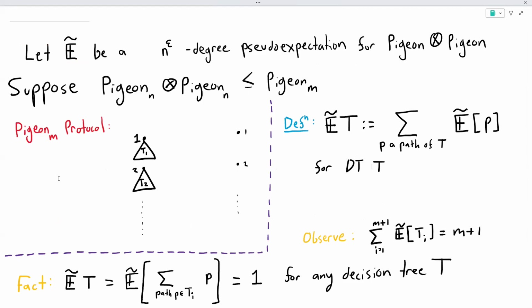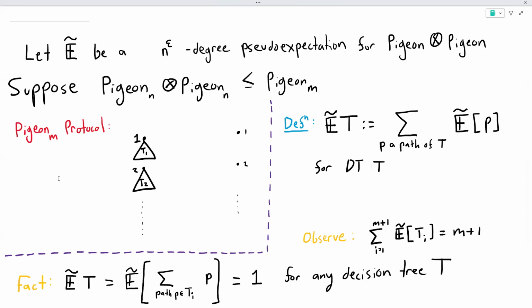Okay, so let's dive right into it and try to figure out what new bullet point we need to add to pseudo-expectations to get pigeon lower bounds. All right, so let's say that our pseudo-expectation operator is of degree n to the epsilon, just some constant less than 1, for pigeon squared. And let's also suppose, for sake of contradiction, that pigeon squared reduces to pigeon.